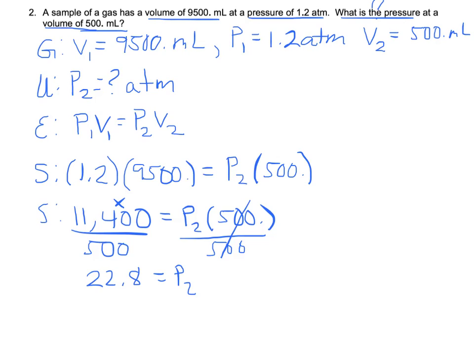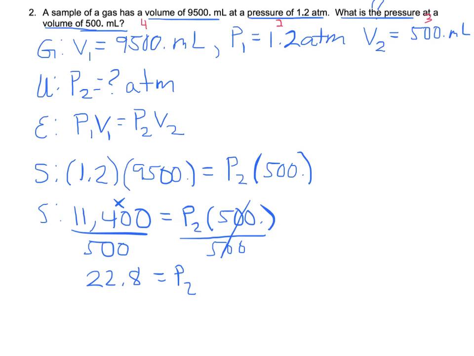Alright, so if we look at our givens, 9,500. has 4 significant digits. Our initial pressure has 2 significant digits, and our final volume has 3 significant digits. The 9,500 and the 500 both have zeros in them, but because there's a decimal in the number, those zeros are significant. So remember, trailing zeros, as long as there's a decimal somewhere in the problem, count.